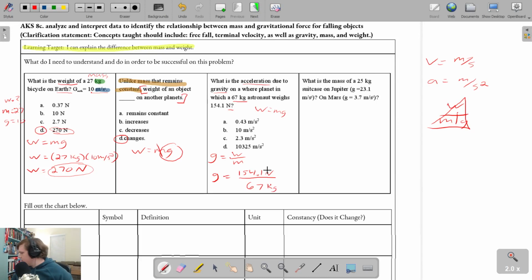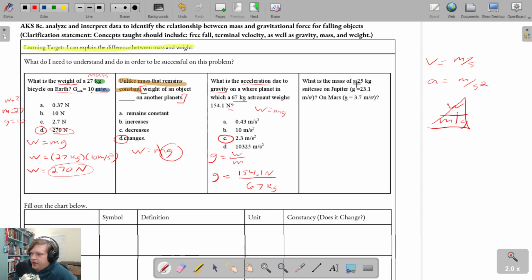I don't have my calculator here, so I'll get my phone. You just do the math. 154.1 divided by 67 is equal to our g, and our g is 2.3 meters per second squared, done. Okay?